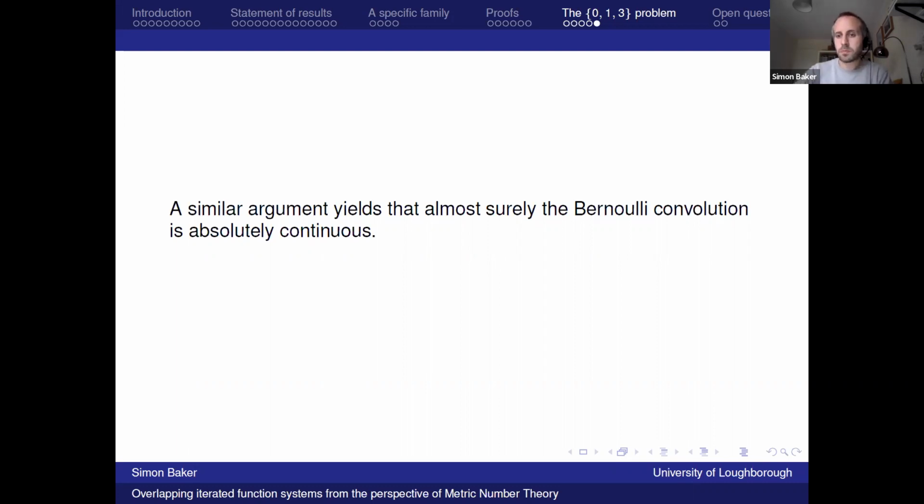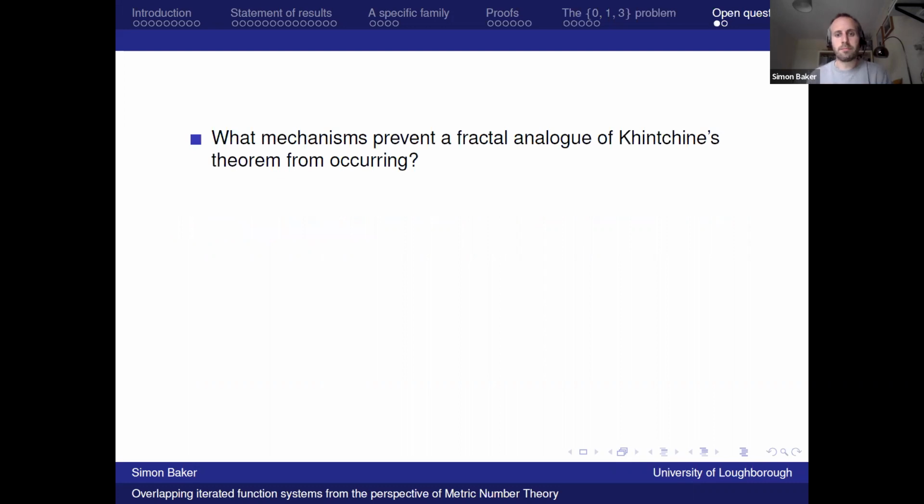Okay, so I'm almost at the end now. I just want to finish by posing some questions. Right at the start, I mentioned that if you have an exact overlap, then absolutely you cannot have a reasonable analog of Khintchine's theorem for your iterated function system. But the question is, is this the only mechanism preventing this from happening in some general sense?